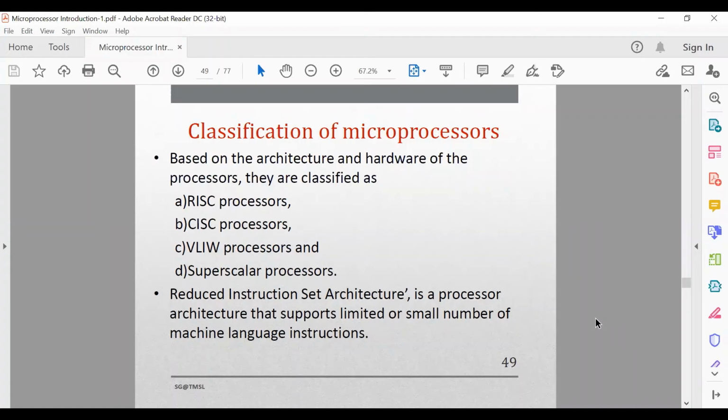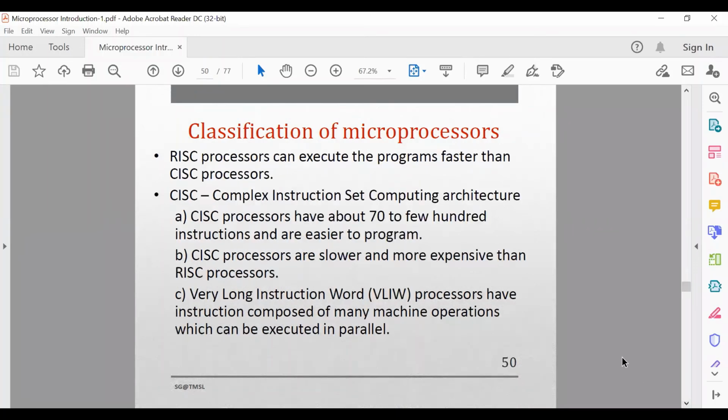CISC processors have about 70 to a few hundred instructions, basically more than RISC processors. CISC means complex instruction set computing architecture.